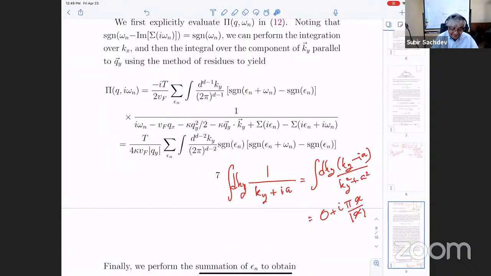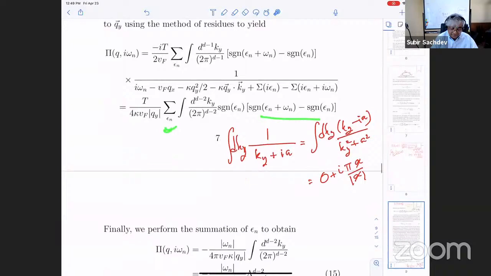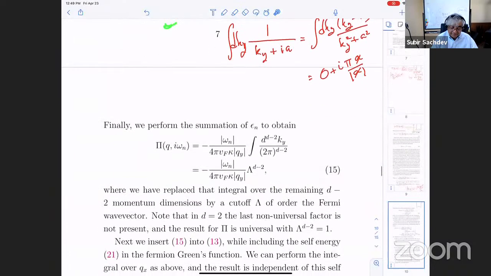Okay, and now you have this free integral. This integral, you don't know what to do. You say, well, it's just some cutoffs. But in 2 dimensions, this doesn't even exist. So let's just focus on 2D. There's no such integral left. And now I can do the summation over epsilon, because this thing is mostly 0. It's just a finite summation. And there's my answer.